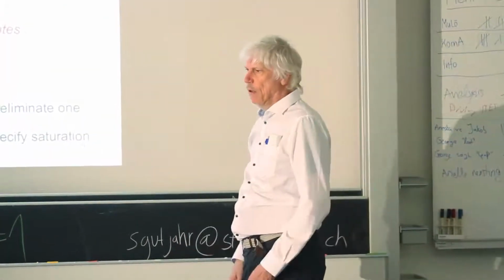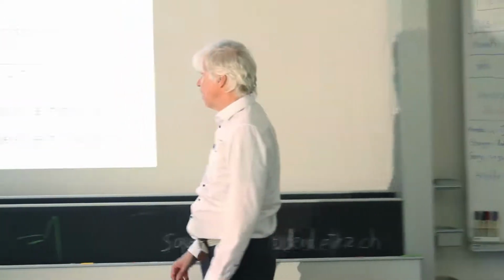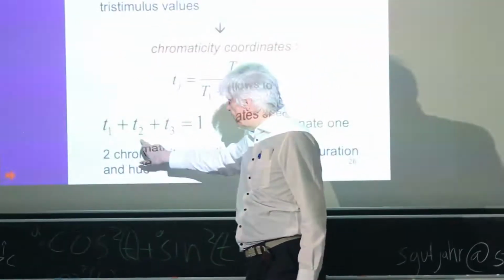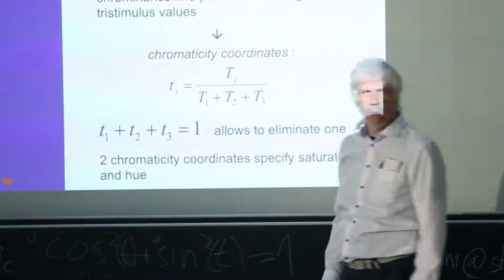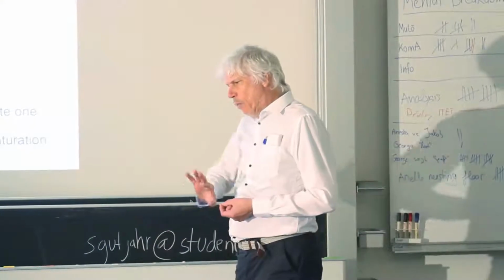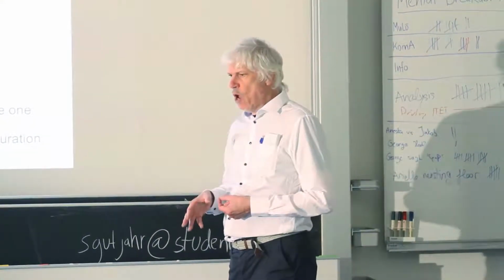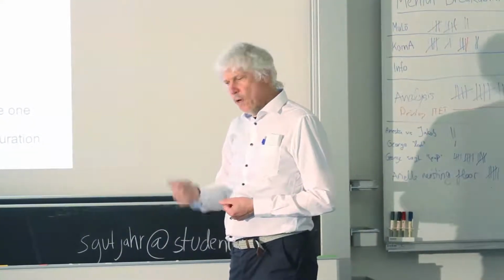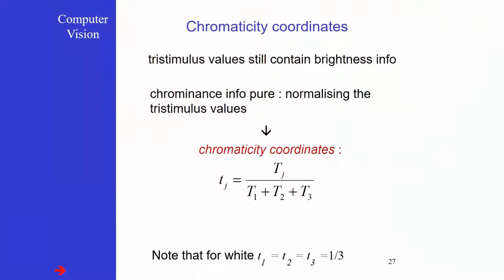So basically, we can drop 1. We just work with t1 and t2 from now. t3 doesn't matter anymore. It follows from the other ones. So these two chromaticity coordinates now specify the actual color information. The brightness has been dropped out. Now we are talking about hue and saturation only.